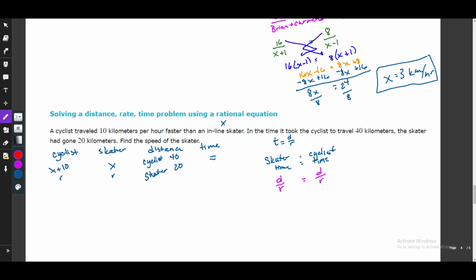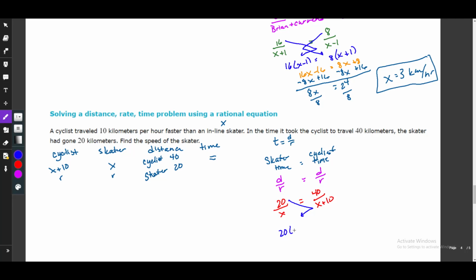The one that I'm looking at, skater, the distance was 20 kilometers. And the rate for the skater is x. The distance for the cyclist is 40. And the rate is x plus 10. Yet again, cross multiply, because when you have fractions equal to fractions, you can cross multiply, or you can get a common denominator.